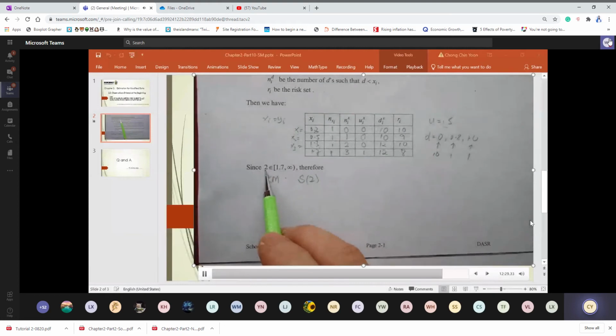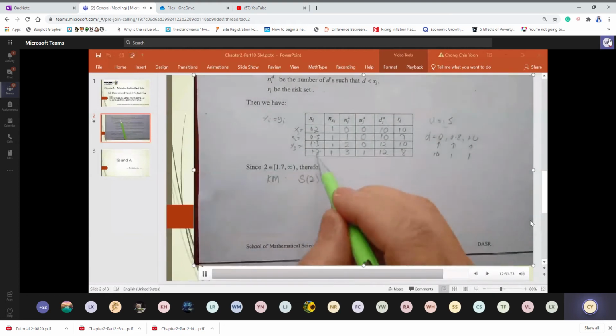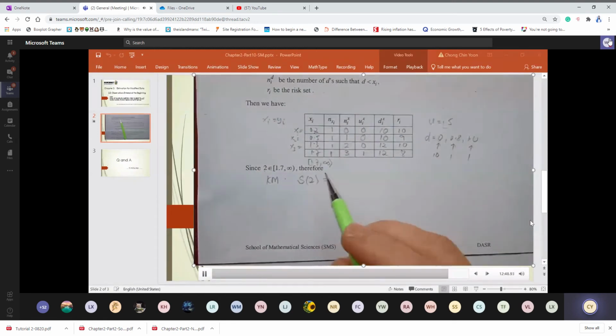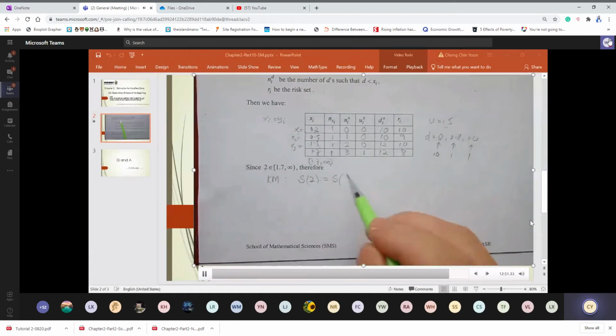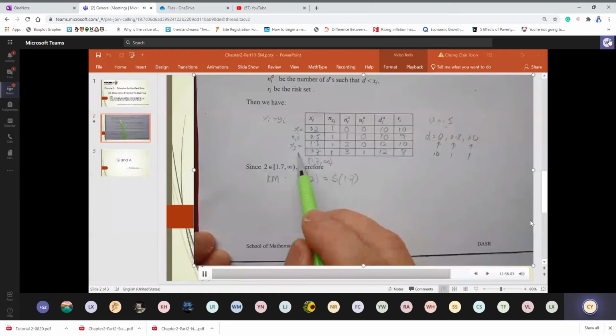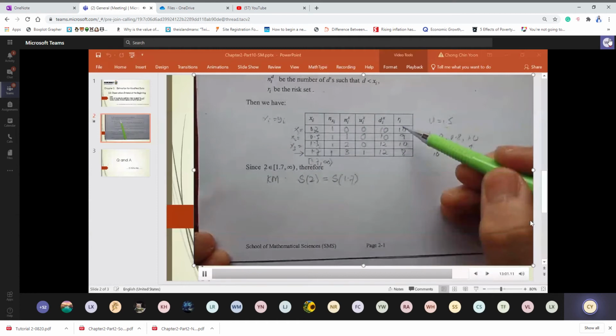We know that 2 is inside the last range, which is 1.7 to infinity. Since our 2 is inside this range, the survival at 2 is the same as the survival at the lower bound, that is at 1.7. That means we have to consider this row and all the risk set values.